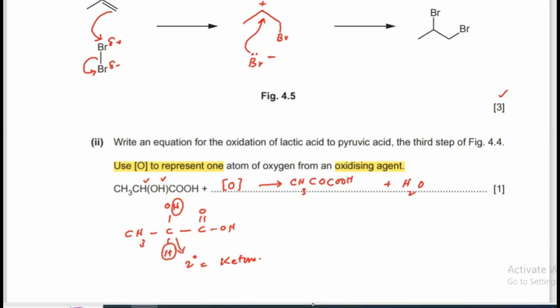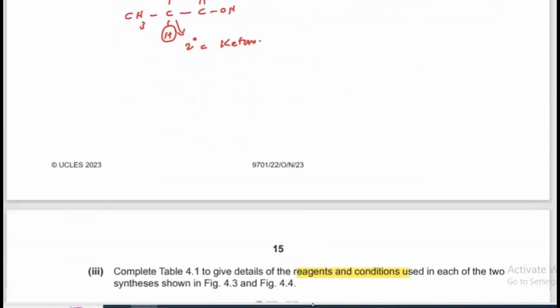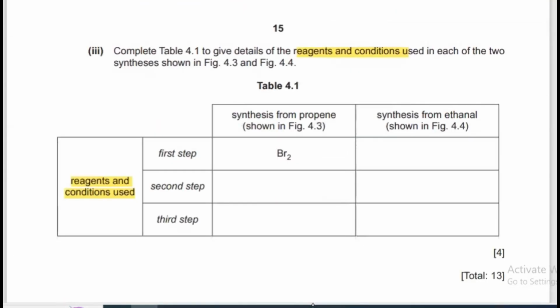Now let's see the next part. Complete table 4.1 to give details of the reagents and the conditions used in each of the 2 syntheses shown. So this is 4.3, reagents and conditions used. I think we have already talked about this, and this was the first step.